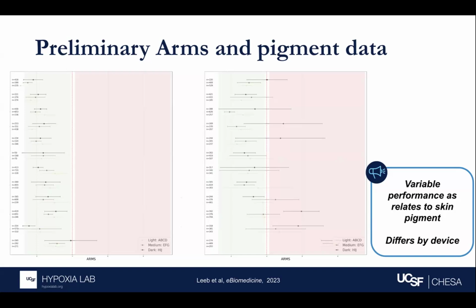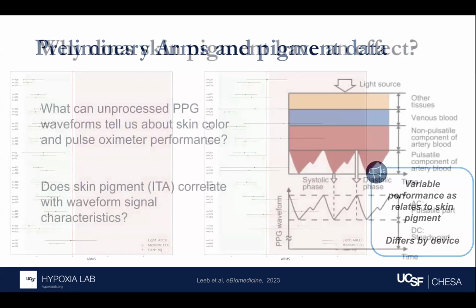Another thing I want to draw your attention to is that it's different by device. Not every device has a positive bias or a negative bias or the same magnitude of bias. That has been a challenge when we're trying to figure out how to power these studies, because the power for one device is not necessarily going to be the same as for the other.